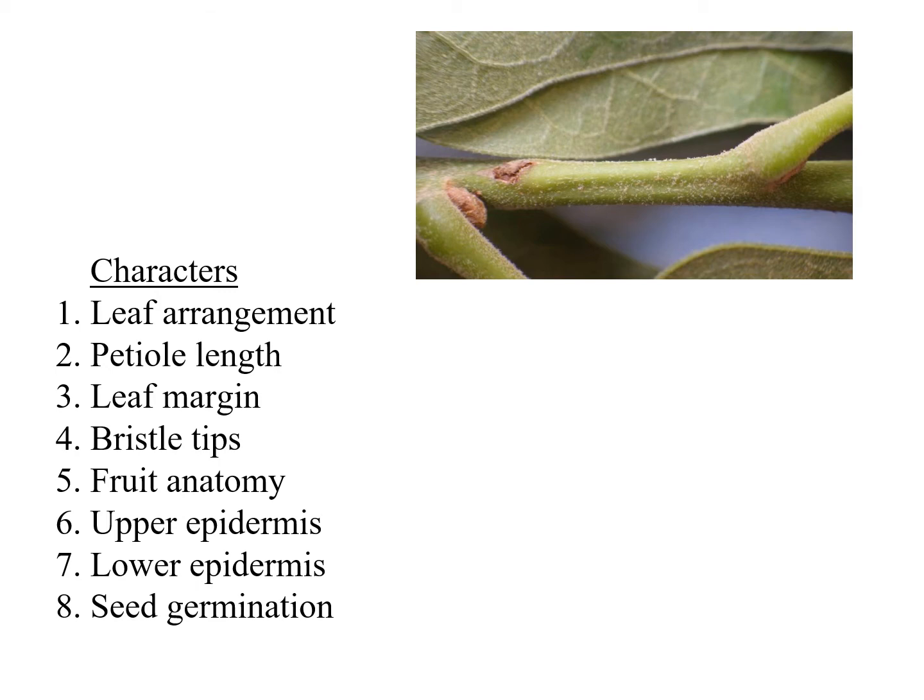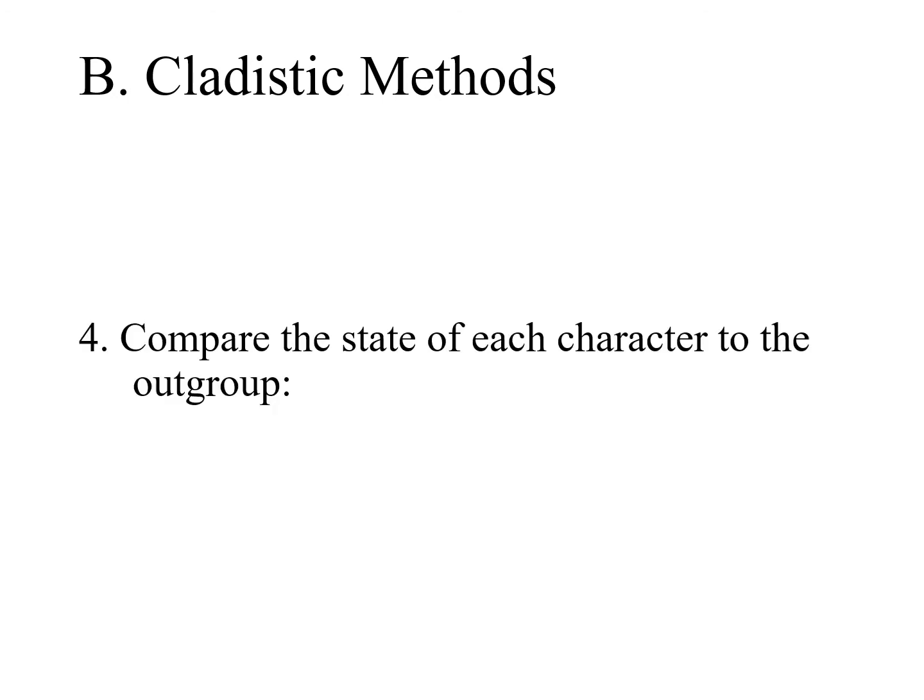So once we have identified the in-group and the outgroup, and we have selected our characteristics, we set about the task of comparing the state of each character to the outgroup.